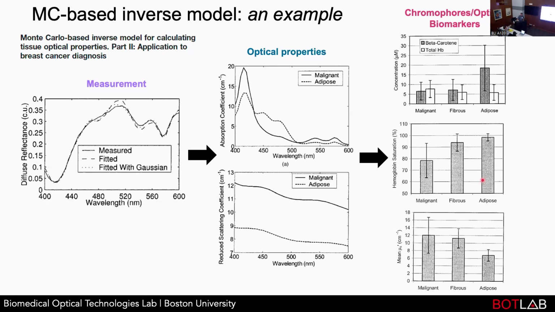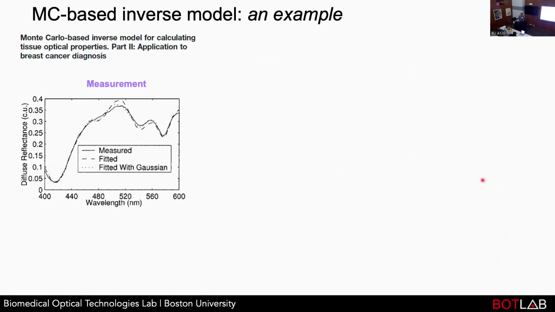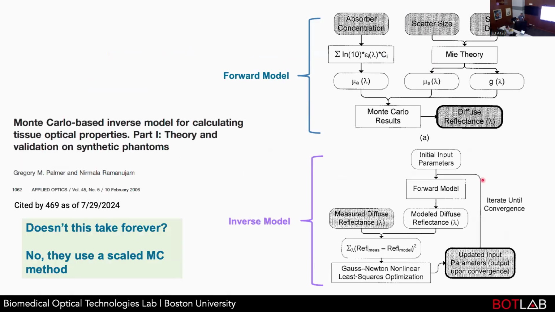Do you mind going one slide back? Sure. I'm just wondering, in this inverse model, will they also have to add constraints to really remove other solutions that can give you the same results, like local minima, basically? I actually don't remember what other constraints they added, if any, including power law or any constraints related to the chromophores.